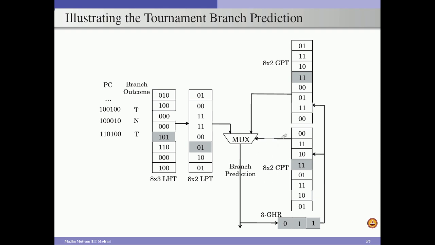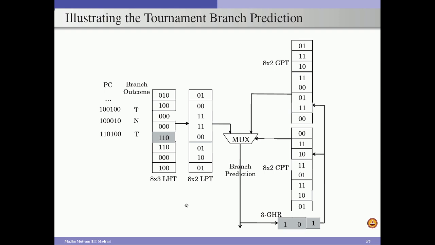Since our decision is correct and also the decision is taken based on the global prediction, we are updating the choice predictor entry to incline towards the global prediction. Previously it was 1 0, now we increment that to 1 1. After that we insert this prediction outcome into the corresponding entries in LHT and GHR. Previously it was 101, now it becomes 110, and similarly here previously it was 011, and now it becomes 101.